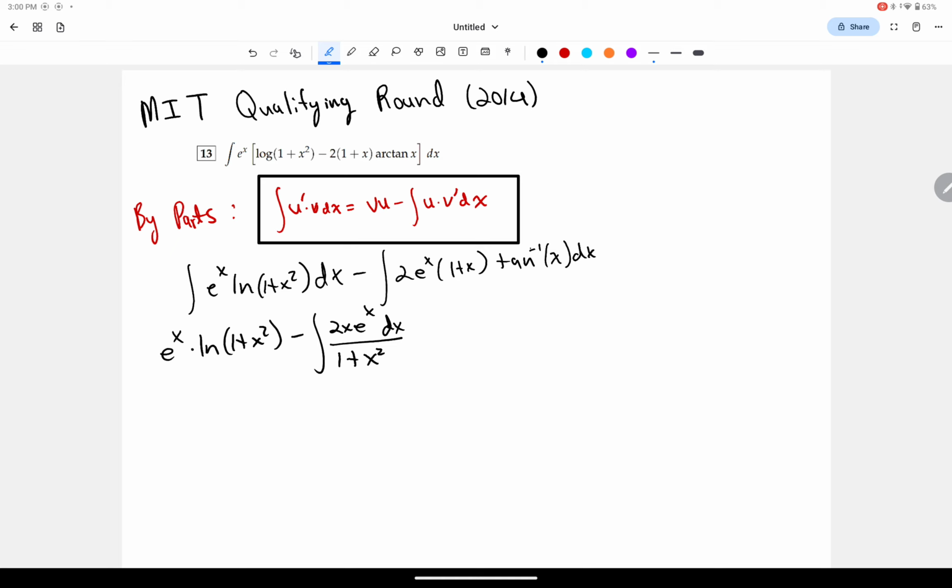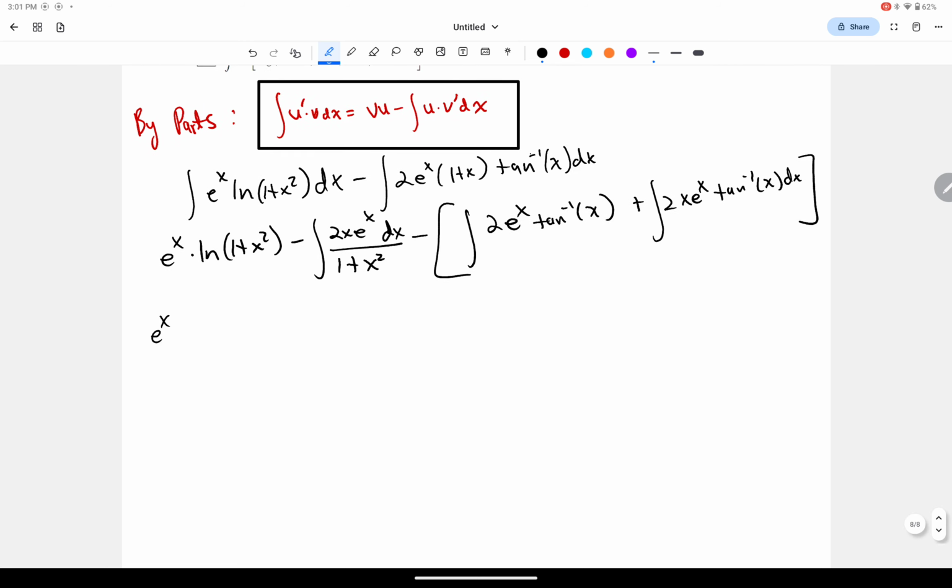Okay, so now I can simplify this integral right here using a similar technique. I'll expand the following integral, put the minus there: the integral of 2 e to the x tan inverse x plus the integral of 2x e to the x tan inverse x dx.